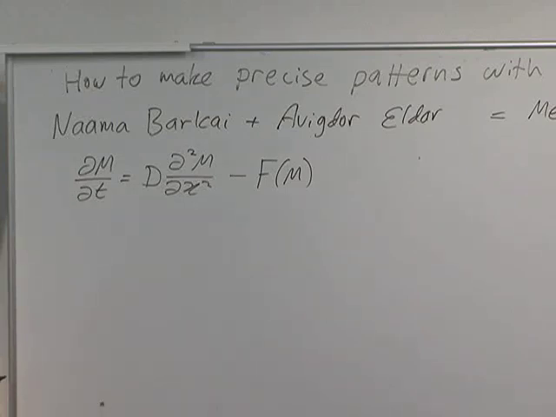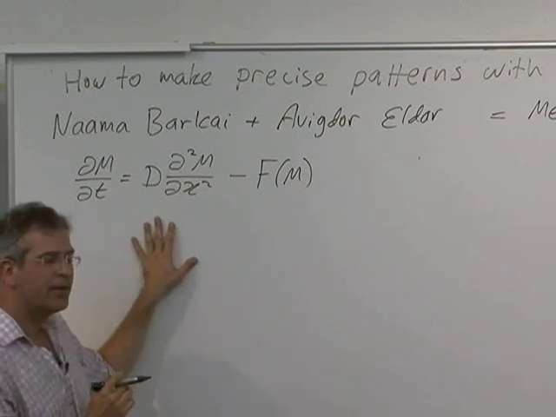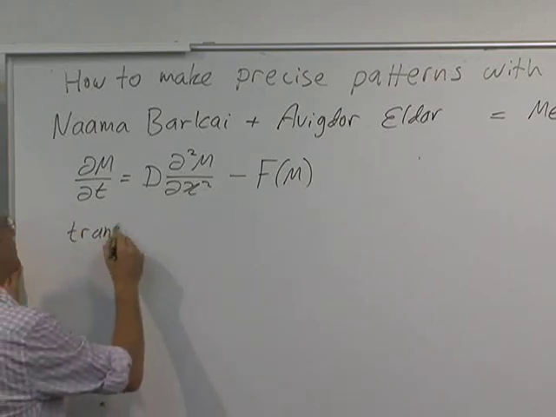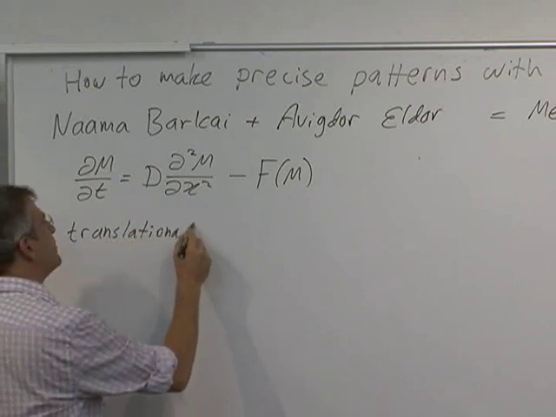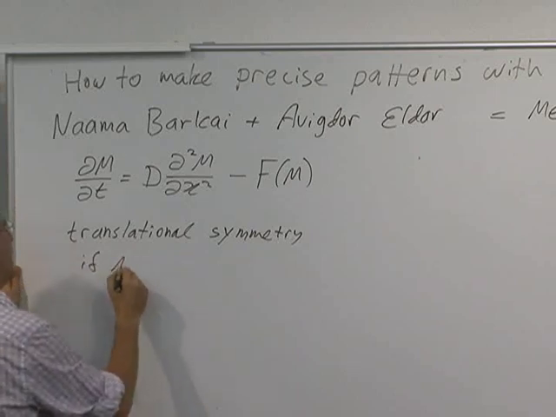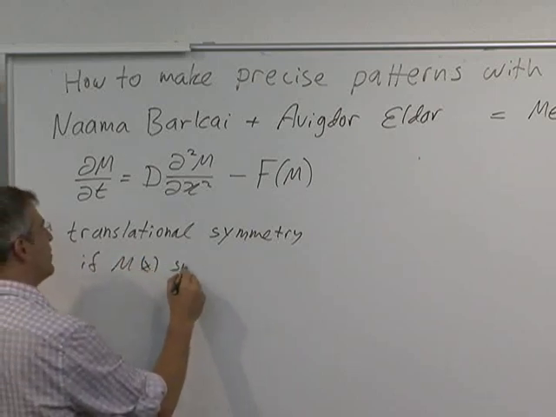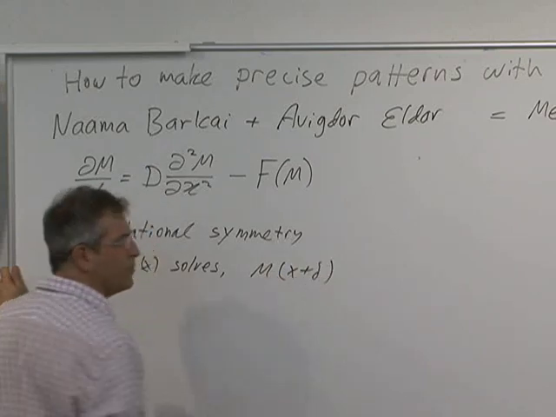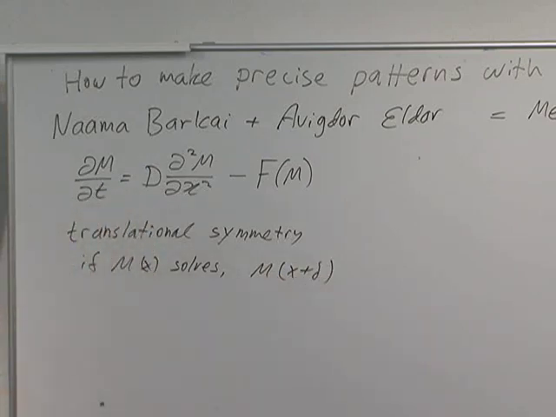And they noticed that this equation has a very nice feature, which is called translation symmetry. That's to say that if m of x solves it, so does m of x plus delta, if you make a uniform shift in space.